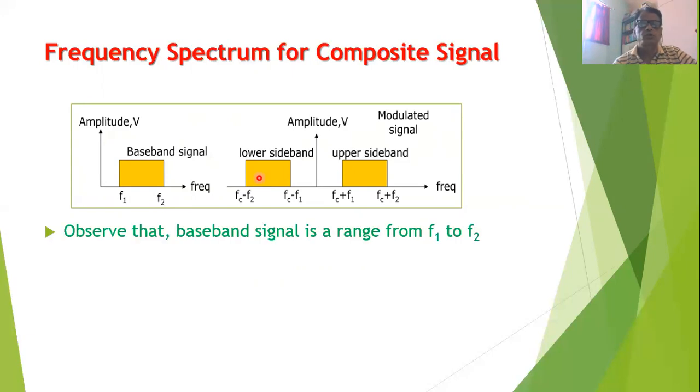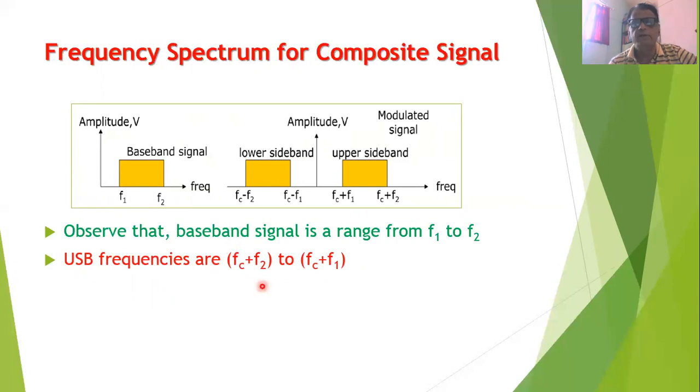That is, observe that whenever the baseband signal is not a single frequency but a range of frequencies from f1 to f2, the upper sideband frequencies will be fc plus f1 to fc plus f2, and the lower sideband frequencies will be from fc minus f2 to fc minus f1.